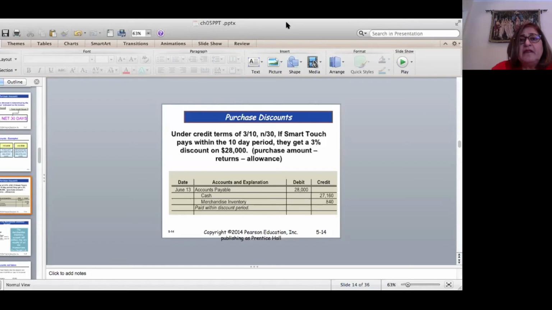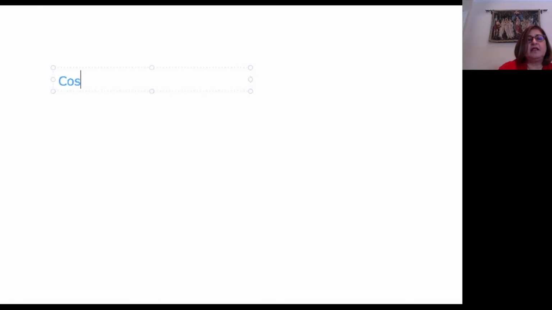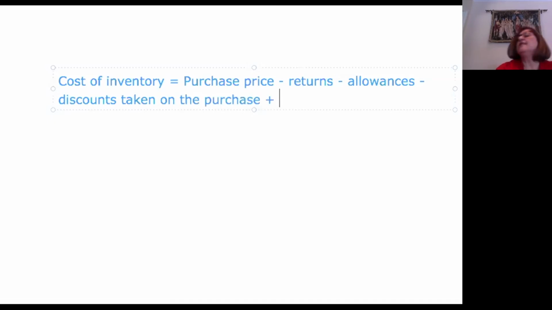So the cost of inventory equals purchase price minus returns minus allowances minus discounts taken on the purchase plus shipping cost paid on the purchase.